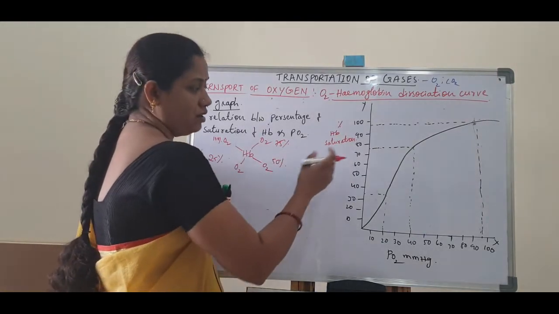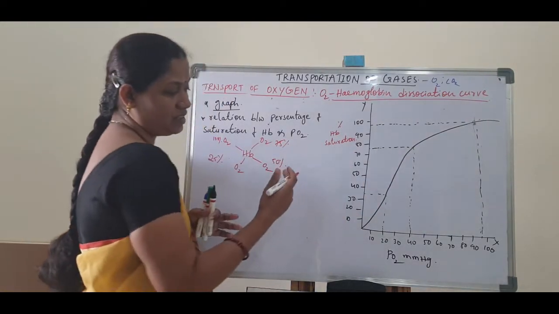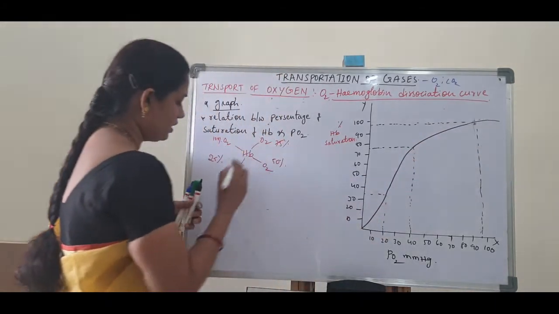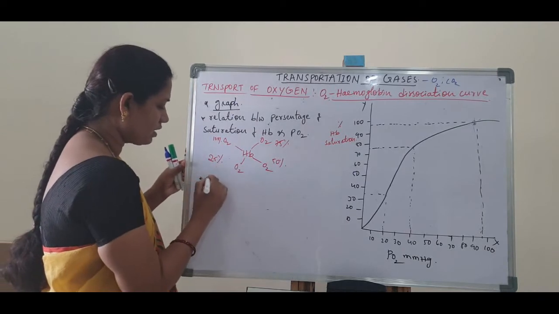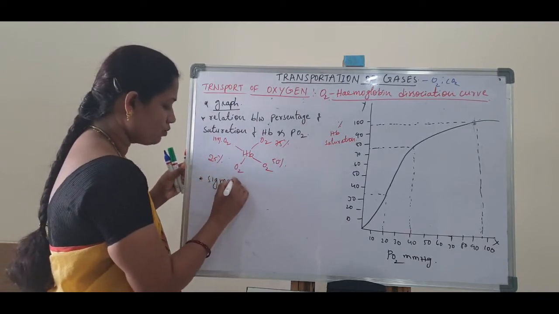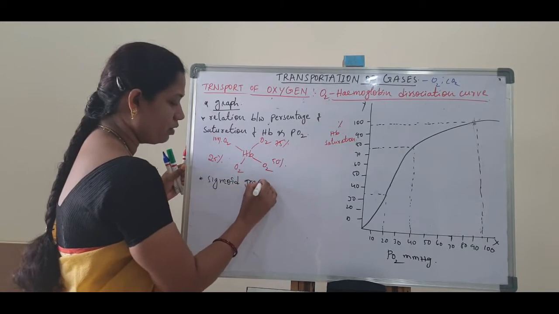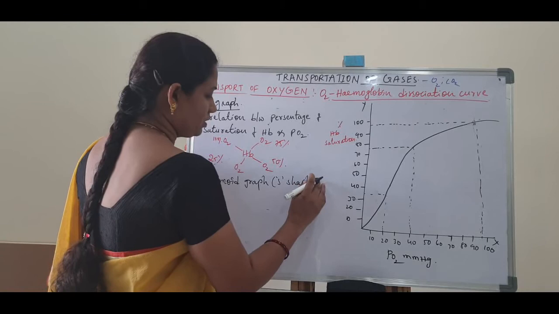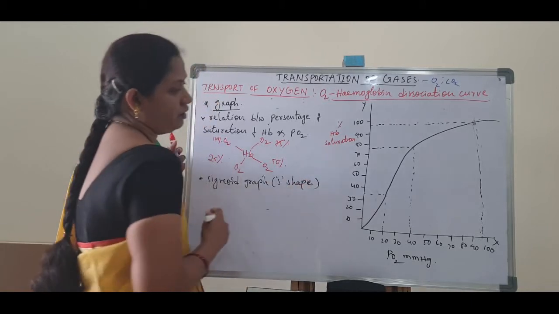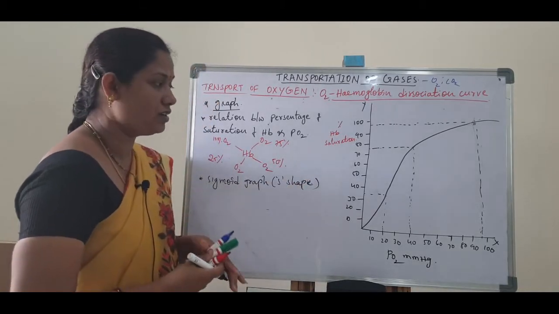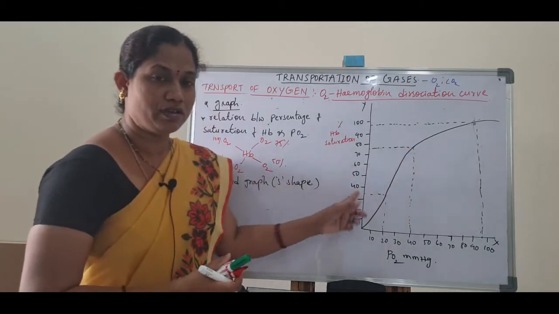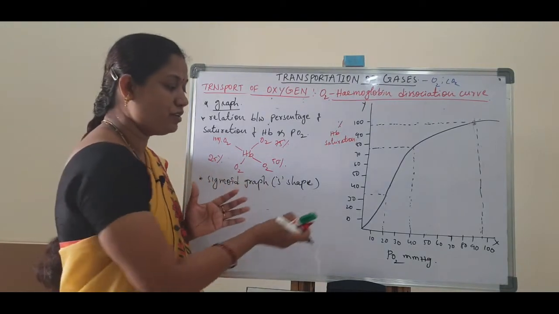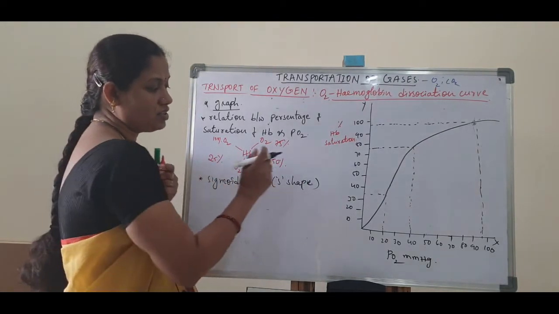From these values we can get a sigmoid shaped or S-shaped graph. So by these values we can get the S-shaped graph or sigmoid graph. This graph explains the relation between partial pressure of oxygen and saturation capacity.